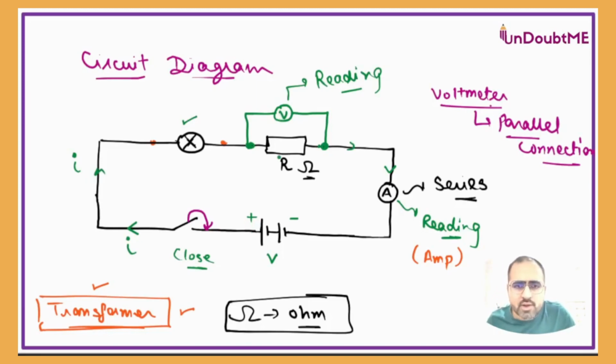The voltmeter will give you the reading across the element to which it is applied. That reading will come in volts. V is the symbol for the unit, and this is called a volt. So this is how the whole circuit works. This is a very rough interpretation of a circuit diagram where we have seen all major circuit elements.